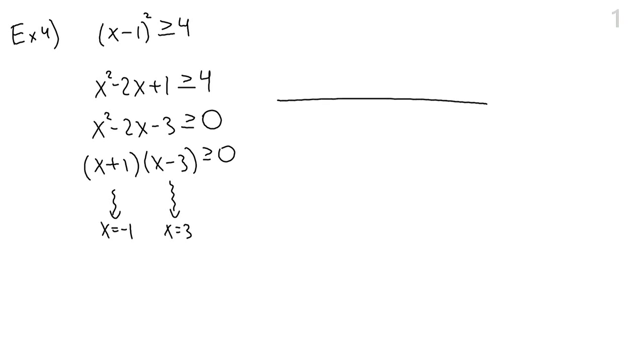And we again draw a number line to help us visualize. So anything that's greater than 3, we're going to have a positive number times a positive number, giving us a positive number.